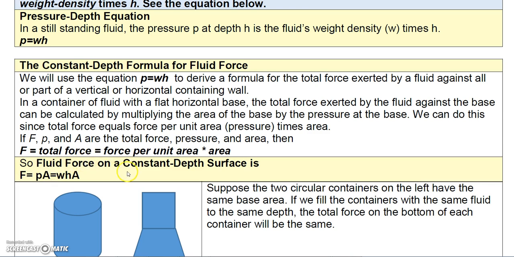So fluid force on a constant depth surface is force is equal to P times A, or W h times A, where W is the weight density, h is the depth, and A is the area. Okay.